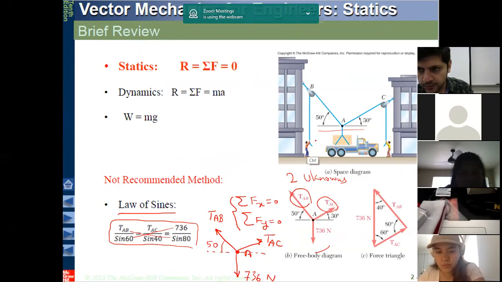So here I have 50 degrees with respect to the horizontal line, and here 30.